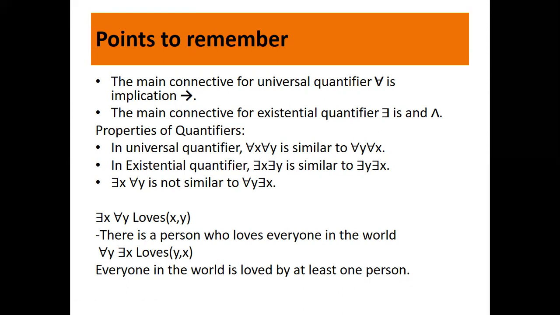So how do you read it? Everyone is loved by at least one person, that is x. That is why this is not similar. Look at this example, because the meaning changes. Is it clear?